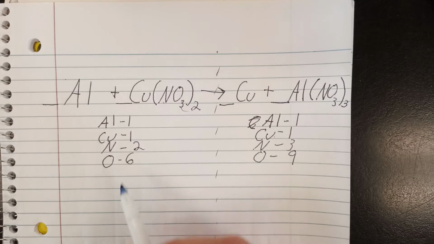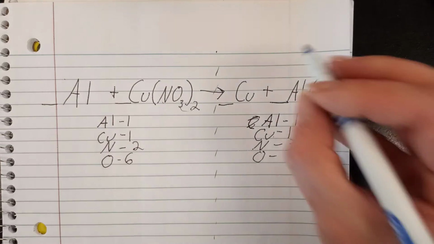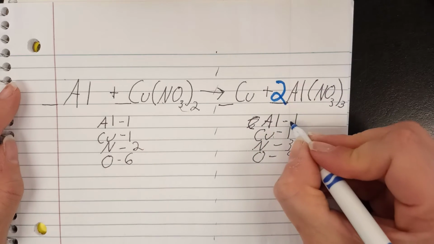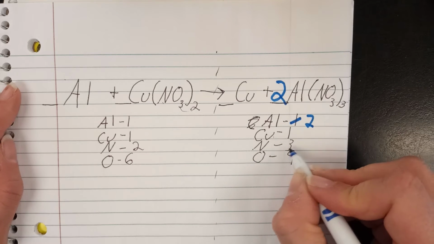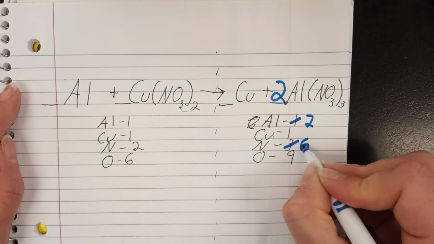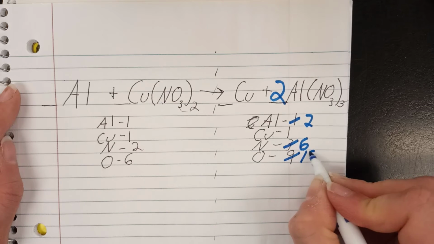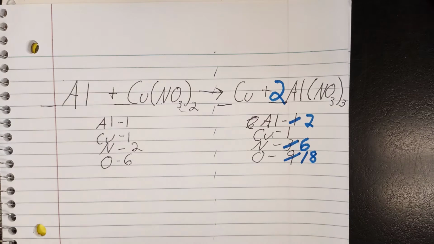Okay, well, I know that I'm going to need an even number of oxygen atoms, so let's start by putting a 2 right here. That's going to change my aluminum to 2. That's going to double the number of nitrogen atoms I need to 6. And it's going to double the number of oxygen to 18, right? There was 9 in each times 2. That'll give me 18.